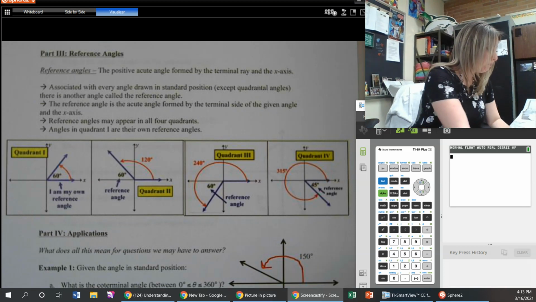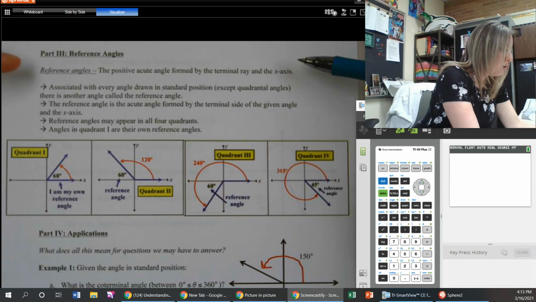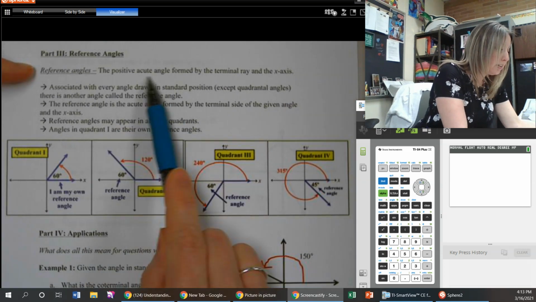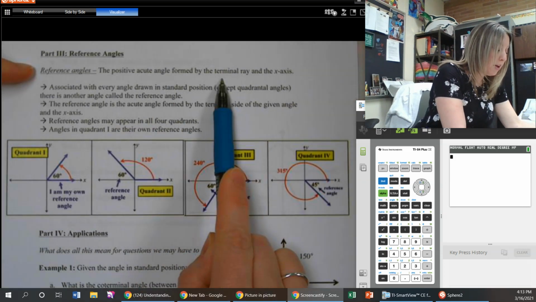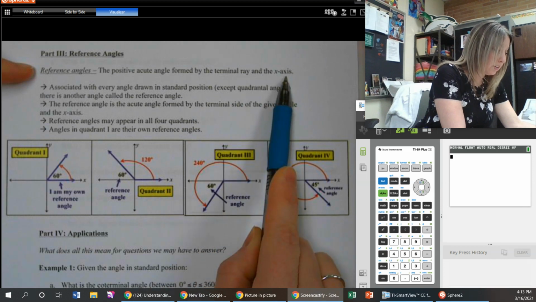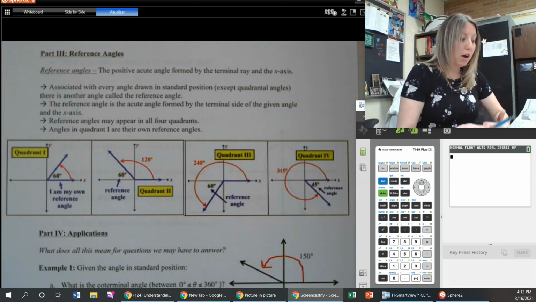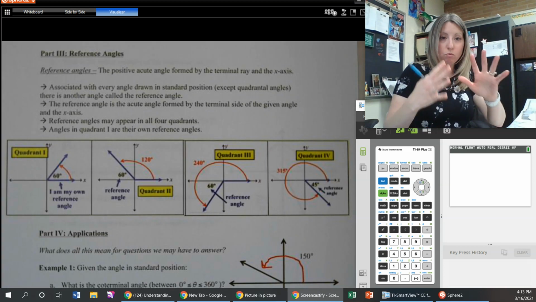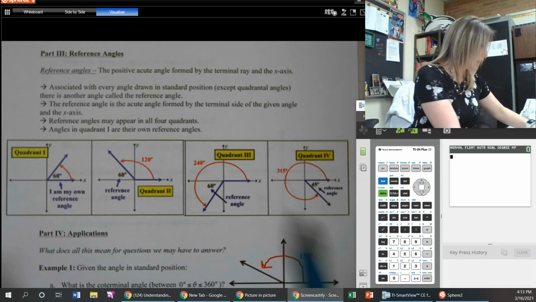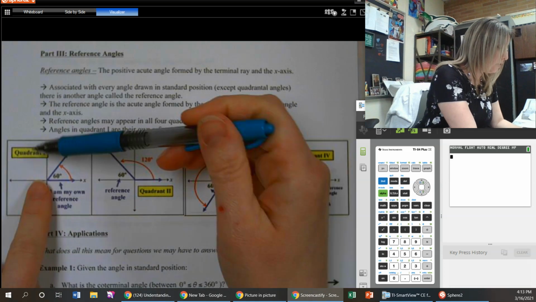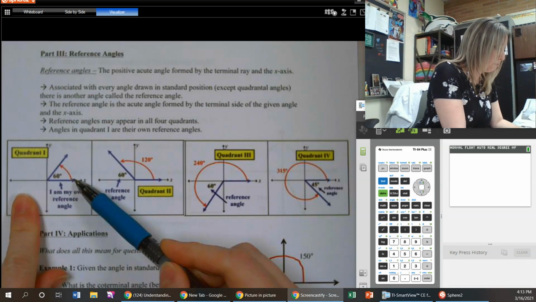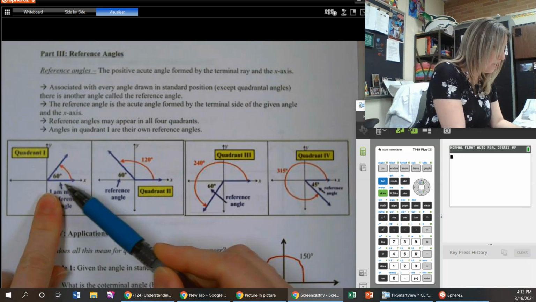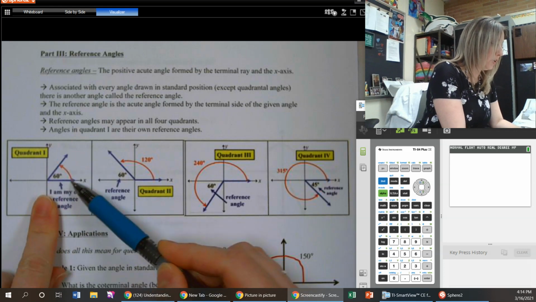Okay, so a reference angle is a positive acute angle formed by the terminal ray and the x-axis. Each quadrant has a reference angle that will look a certain way. So quadrant 1's reference angle is itself, because it is in quadrant 1 and we start from quadrant 1.